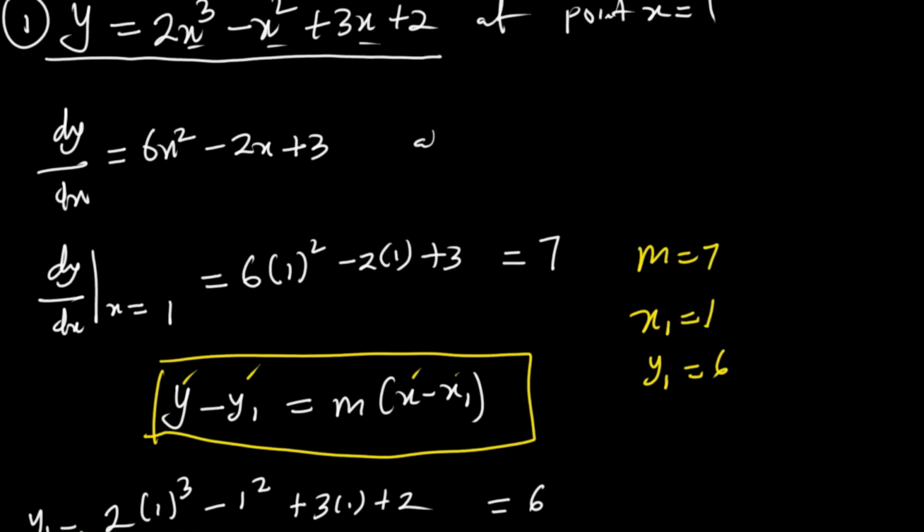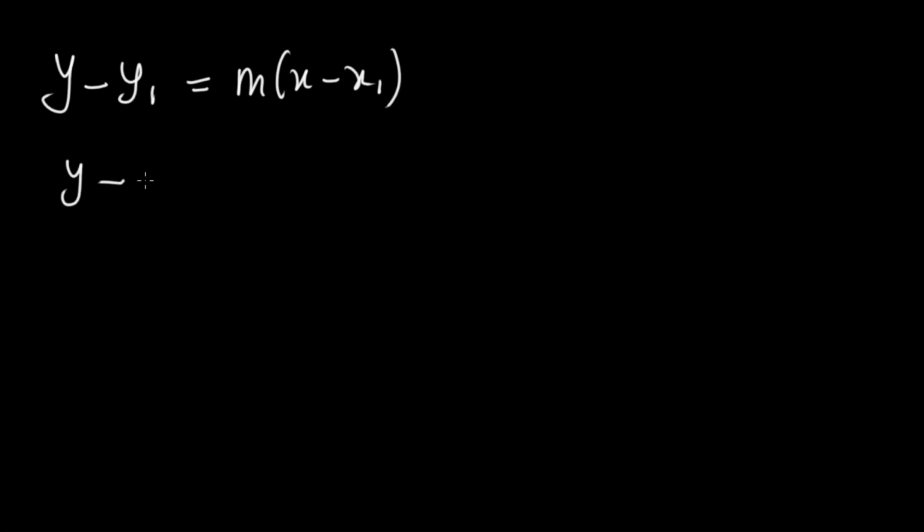So from there I can now calculate the equation of the straight line, which is simply the tangent to the curve at point x equal to 1. So I have the formula written as y minus y1 equal to m times (x minus x1). So I have y minus y1, in this case 6, equal to 7 times (x minus 1).